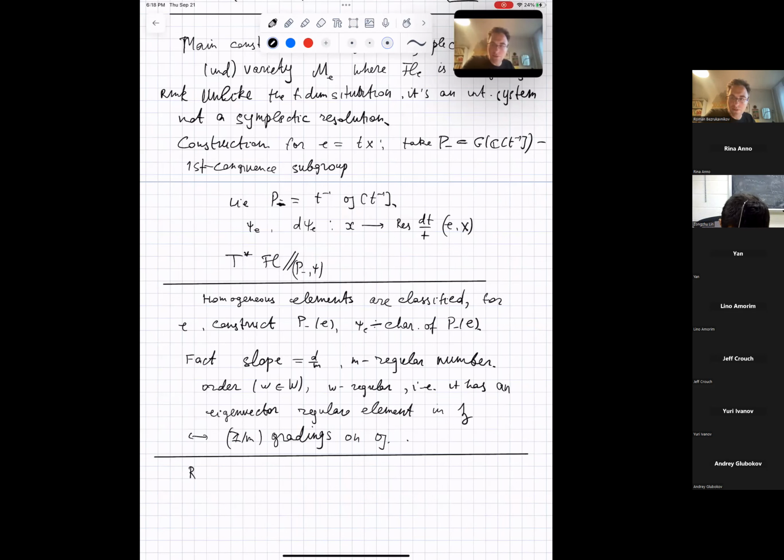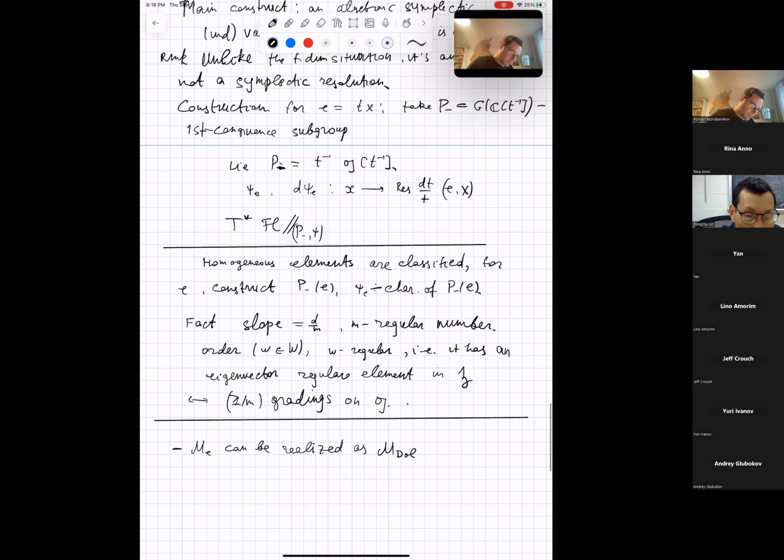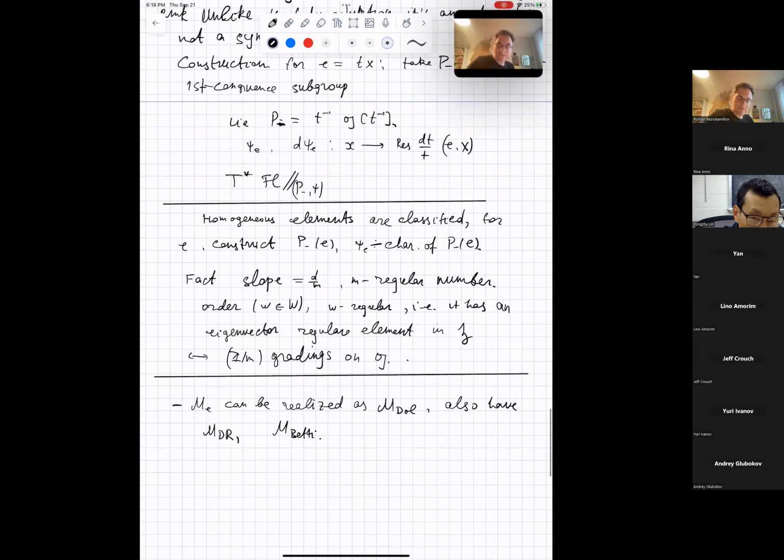In particular, the next point is that this M_E can be realized, for those who are familiar with the terminology, as M Dolbeault in some Hitchin-like story, and then we also have M de Rham and M Betti. And this gives some interesting information.